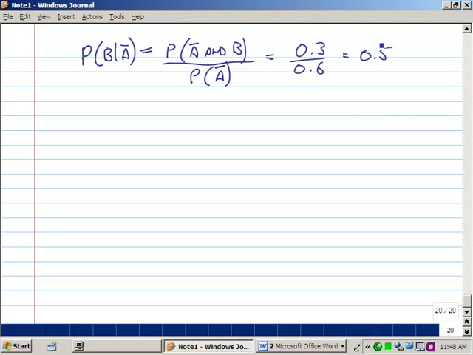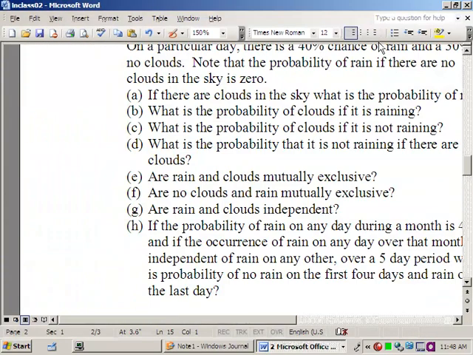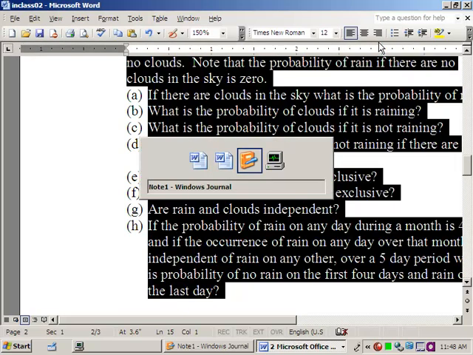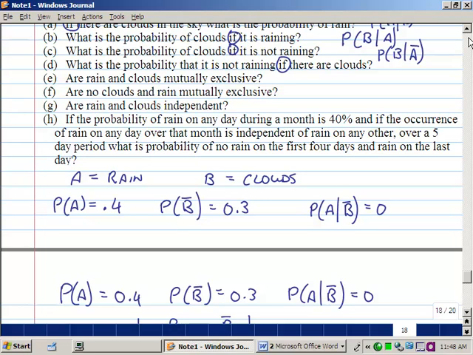So it's a 50% chance of clouds if it is not raining, which is part C.